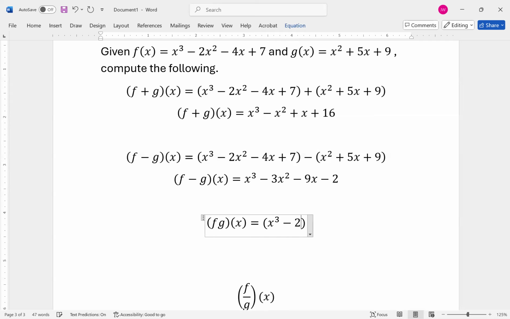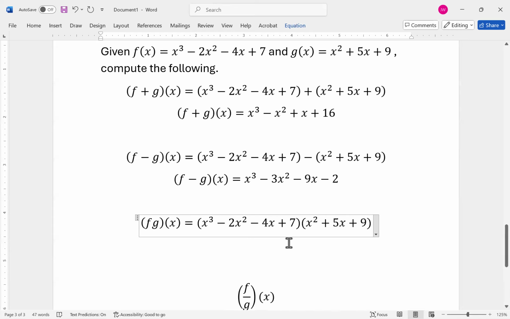But what I will do is write this down as x to the third minus 2x squared minus 4x plus 7 multiplied times x squared plus 5x plus 9. Make sure you have parentheses around that. If you were to expand this, you'd have to multiply x to the third times these three terms, and then minus 2x squared times those three terms, minus 4x times those three terms, plus 7 times those three terms.